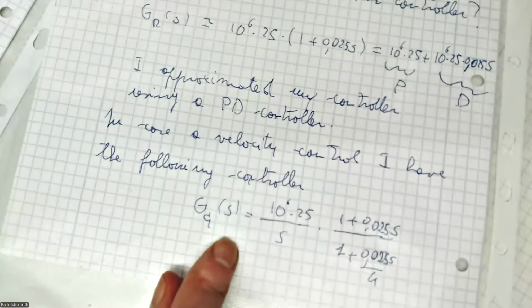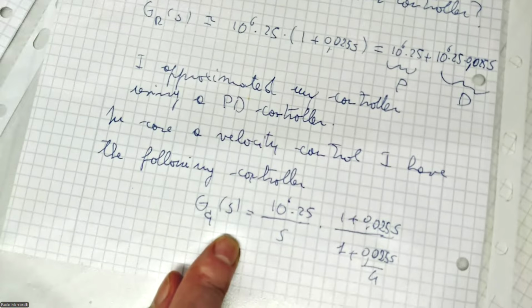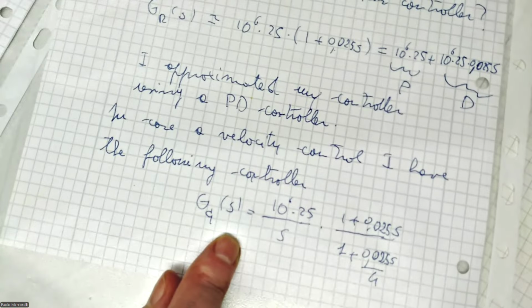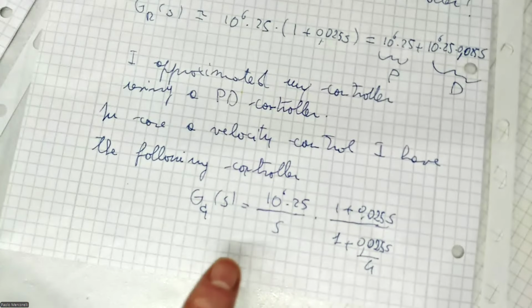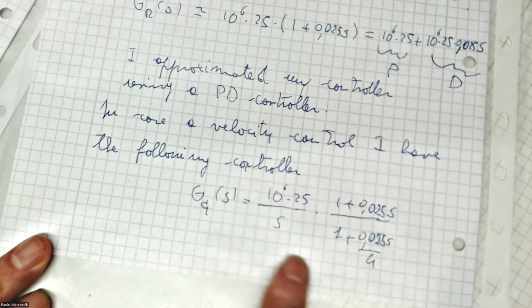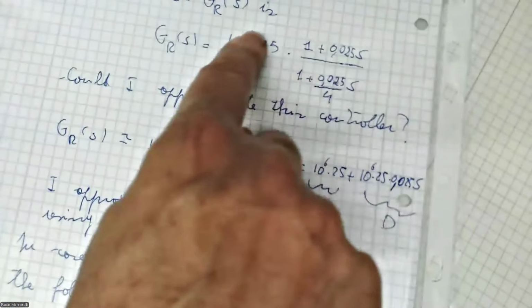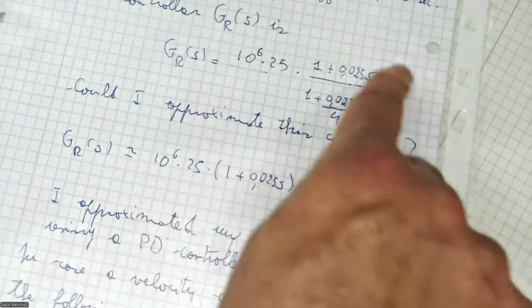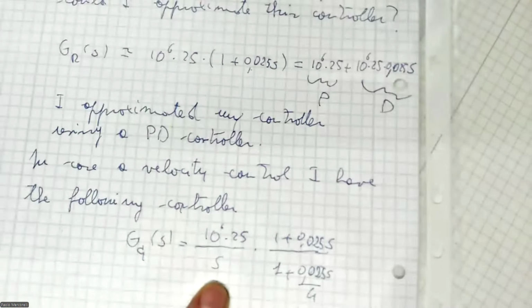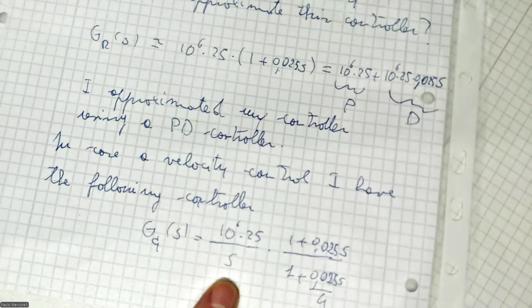Now, I will show you what changes in case I have to control the velocity. Look, I will show you mathematically. You will see that between this controller and this controller, the difference is just an integral. The rest does not change.